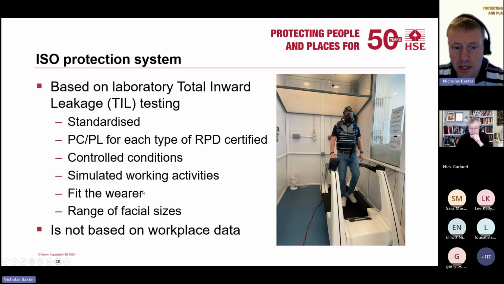There's a range of simulated working activities, like head movements, walking, bending over, those types of things, to try and keep the activities standardized. They'll be carried out on wearers that fit them, and across a range of facial sizes. The whole idea is to make this whole thing standardized and reproducible from one test to the next, and from one type of RPE to the other type of RPE.